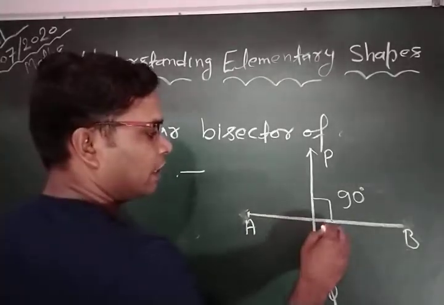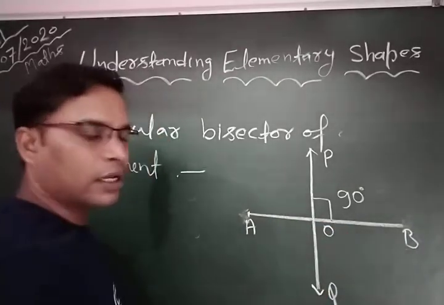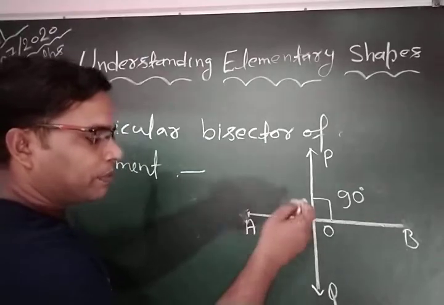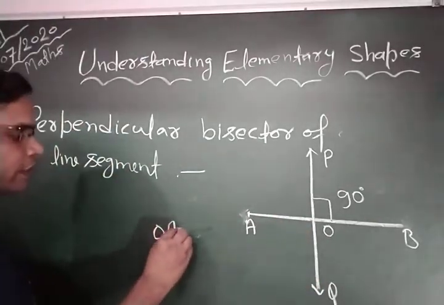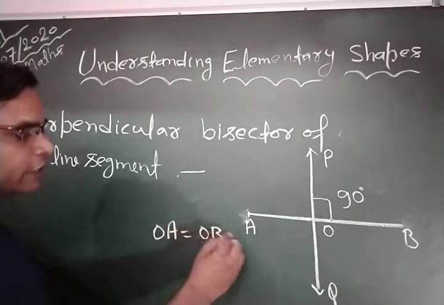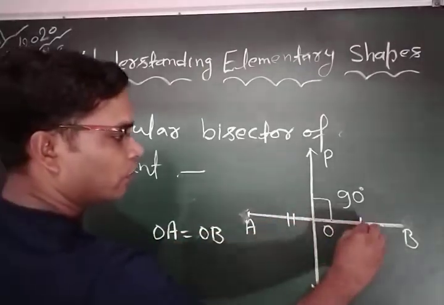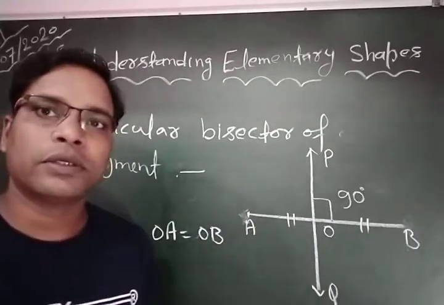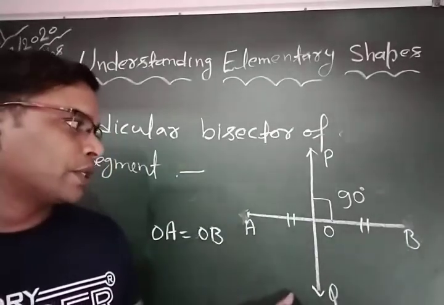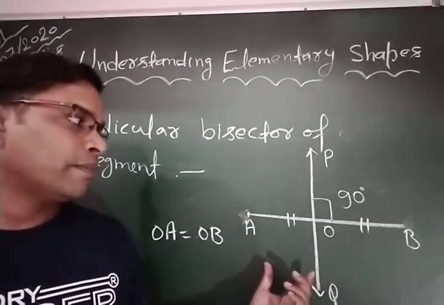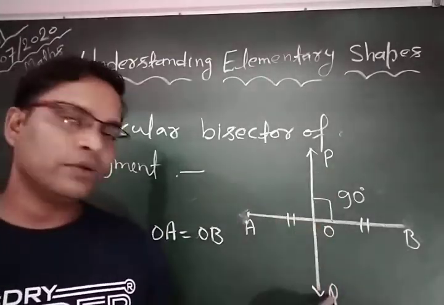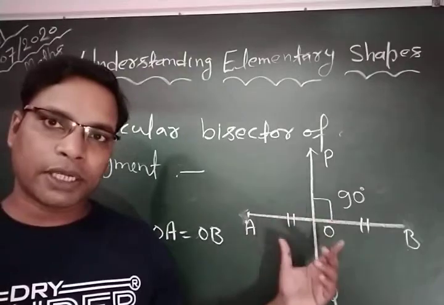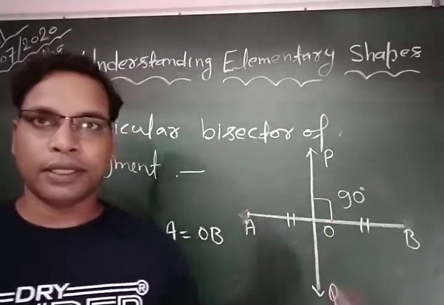Suppose here is O. So PQ bisects AB such that OA is equal to OB. So we can say PQ is the perpendicular bisector of AB. Line PQ is the perpendicular bisector of line segment AB.